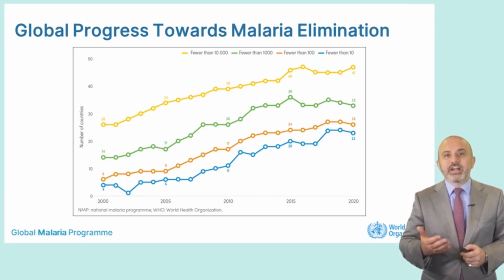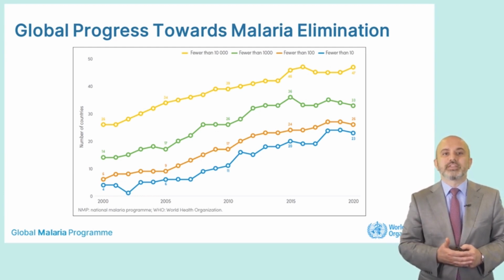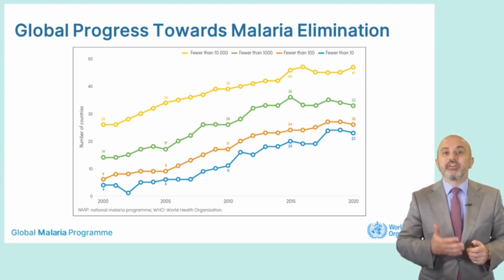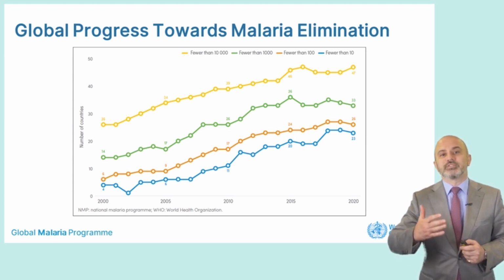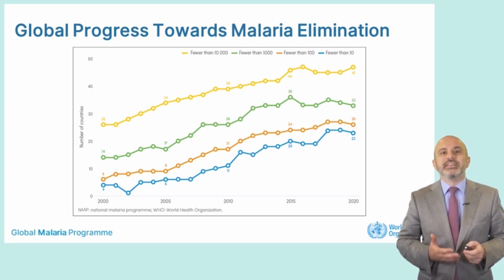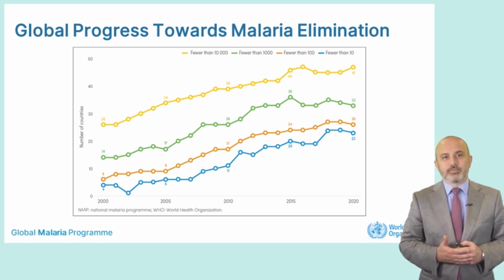In addition to the reduction in malaria burden described in the previous slide, a growing number of countries are approaching malaria elimination. This graph shows the cumulative number of countries that have reached very low levels of malaria case numbers over the period from 2010 to 2020. The baseline for these graphs is the number of countries that were endemic for malaria in 2000.